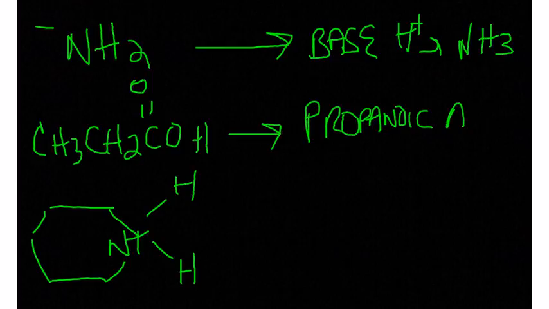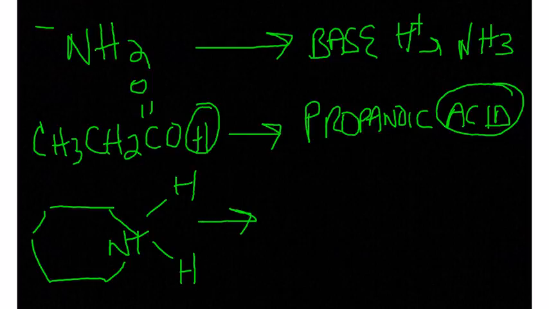So this is a good time to remind you all to review naming organic chemistry compounds as well as the functional groups. Propanoic acid, by its name, is obviously an acid because it wants to donate that proton. And finally, we have a cyclohexane ring with an amine group. That would be called cyclohexylamine.